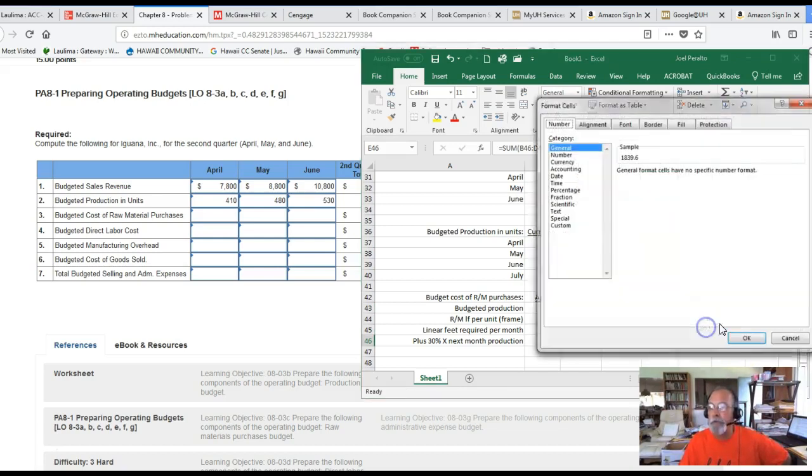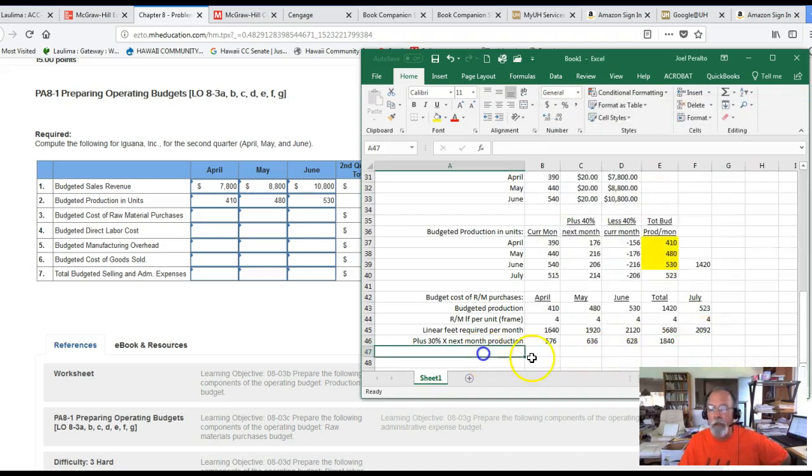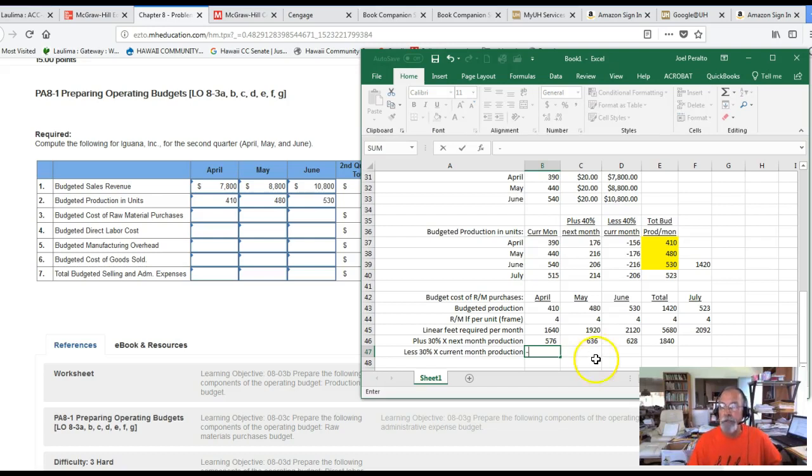It's showing up there. Let's round it, and hopefully this is going to work out. Okay. And then less 30% of this month's production. Less 30% times current month production. So we use a minus current month production times 0.3. And can we copy that over? Minus B45 times 30%. And let's see if we can copy that over.